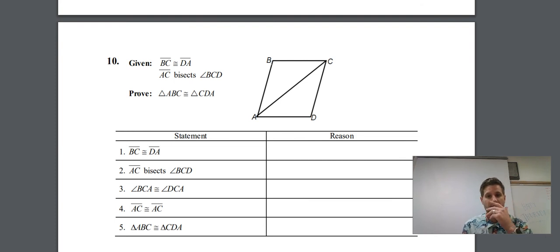Again, draw this out. We first want to write down what we got, BC, so let's get our color red. BC is congruent to DA, so I have a side. AC bisects BCD, so that means this angle here and this angle here are going to be congruent. So we have a side and we have an angle. AC is bisecting BCD. And then we share this side right here, correct? Okay.